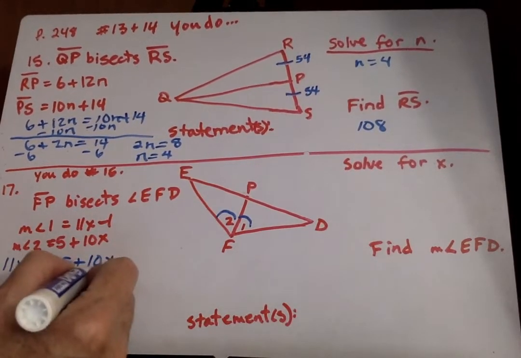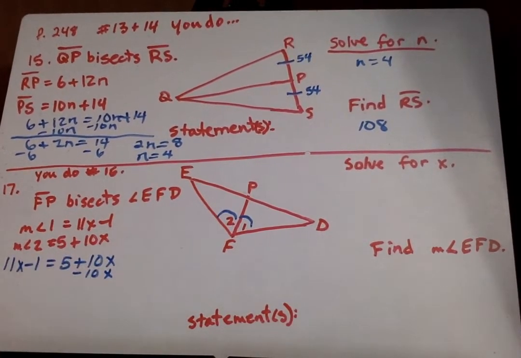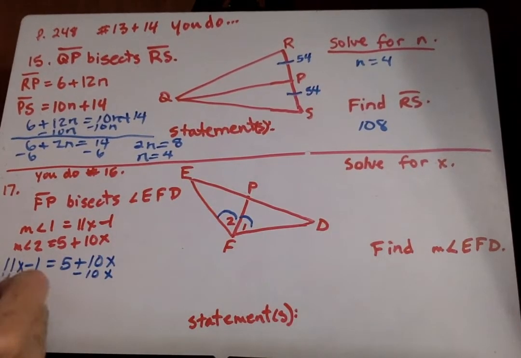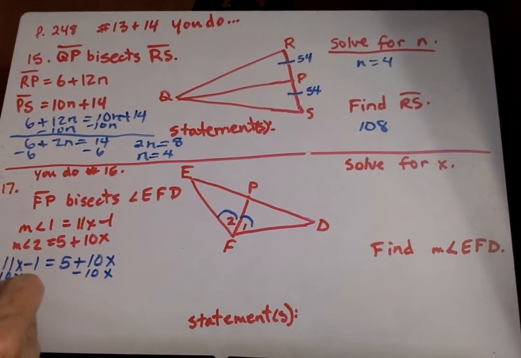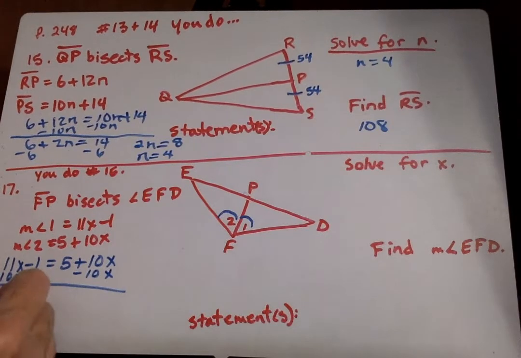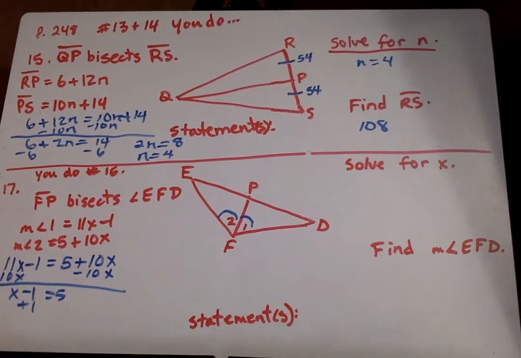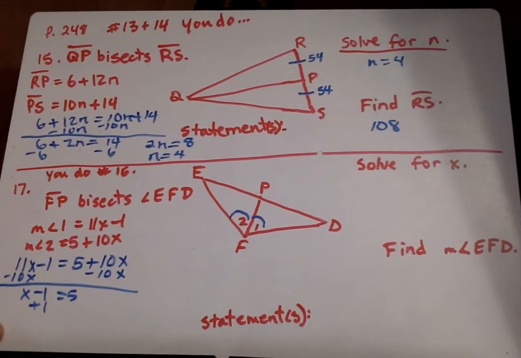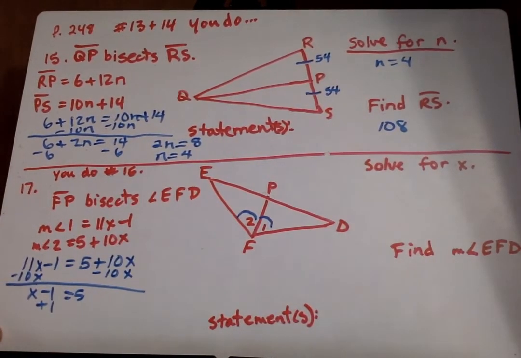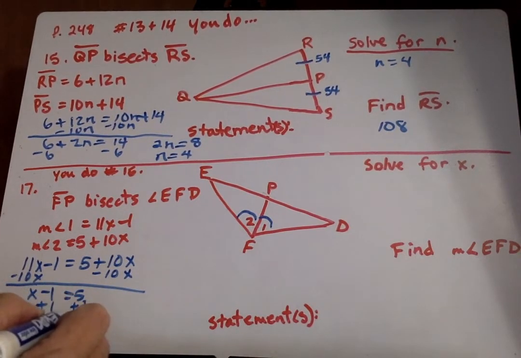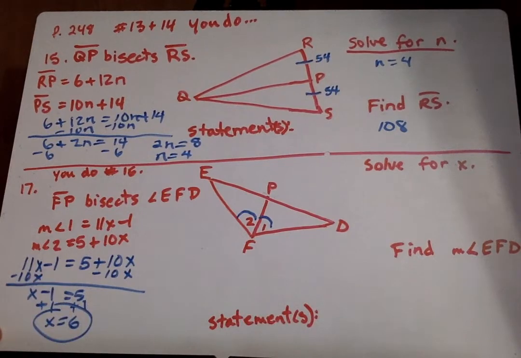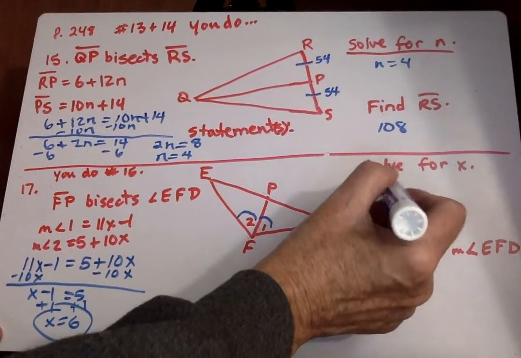Minus 10x and minus 10x. x minus 1 equals 5. Add 1, add 1. And we see x equals 6. So if it says solve for x, we know x is 6.